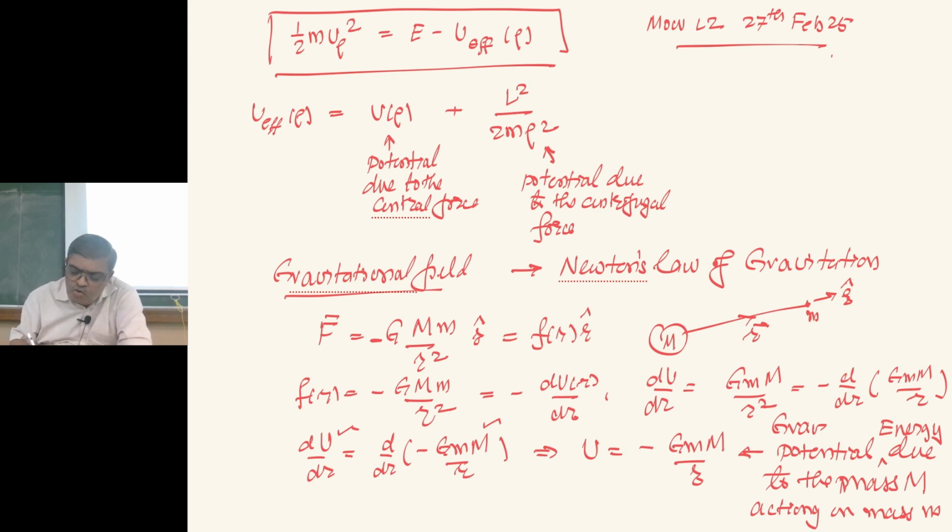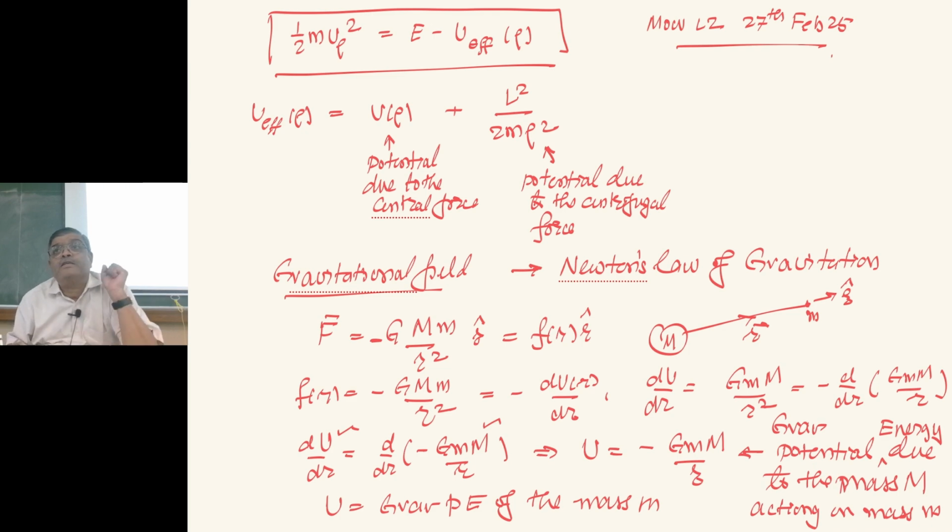So U is equal to the gravitational potential energy of the mass m, the small mass m. The capital mass M is held fixed. So this is the center or the source of the force. So that is held fixed and is sort of out of consideration here because it doesn't move at all. Okay. So this is what we get.